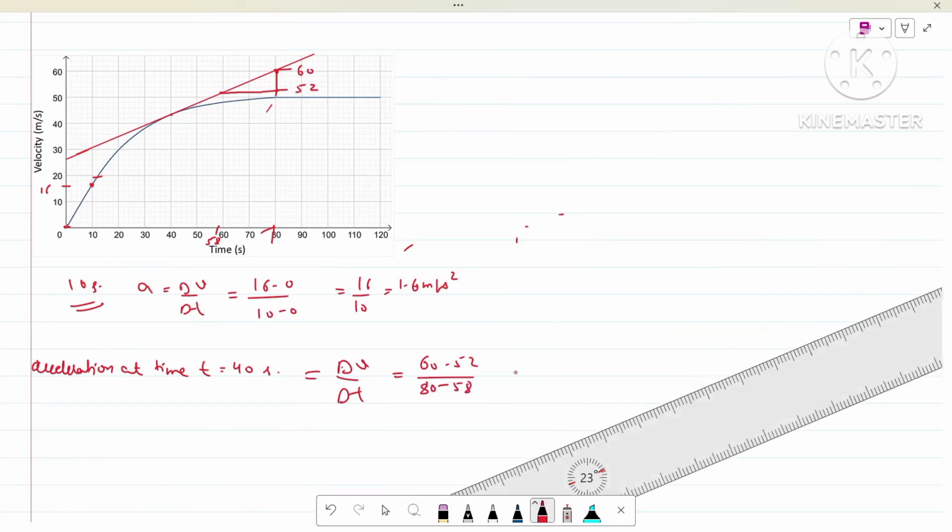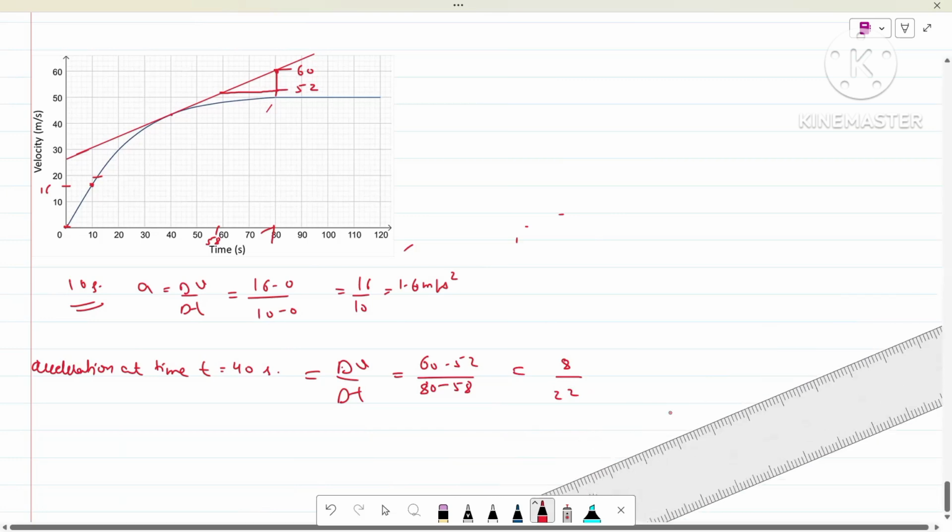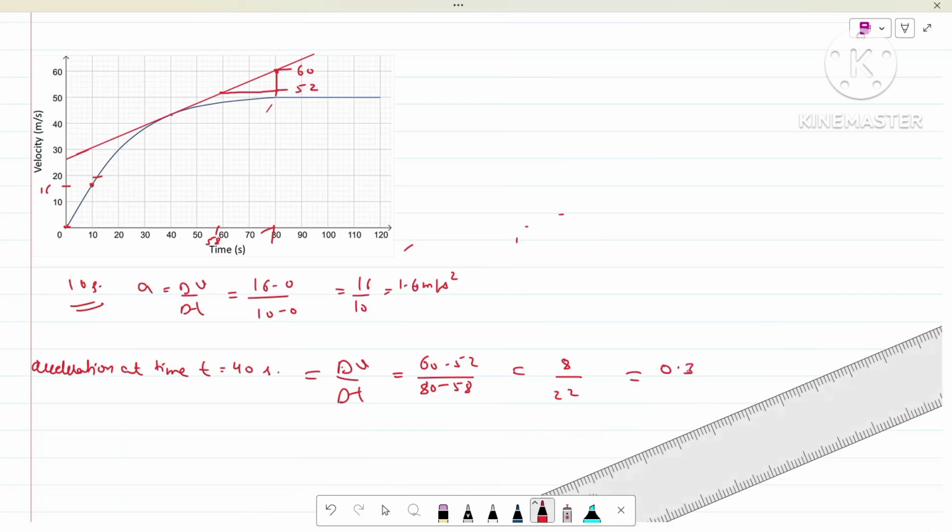So it will come out to be 60 minus 52, 8, divided by 80 minus 58, 22. So 8 divided by 22, it will come out to be 0.36. So it is 0.36 meter per second square. We can see the gradient is decreasing, so acceleration is decreasing.